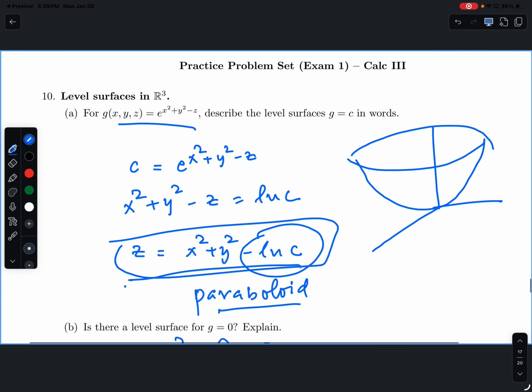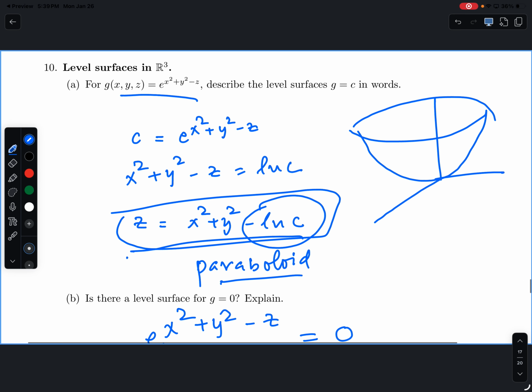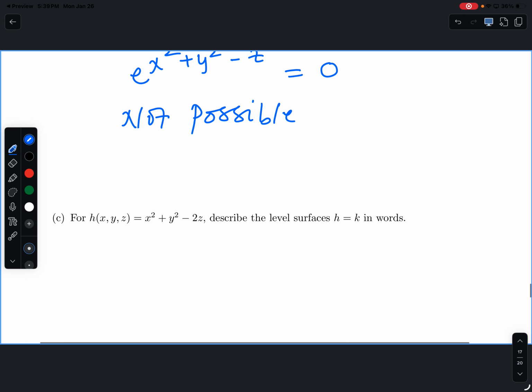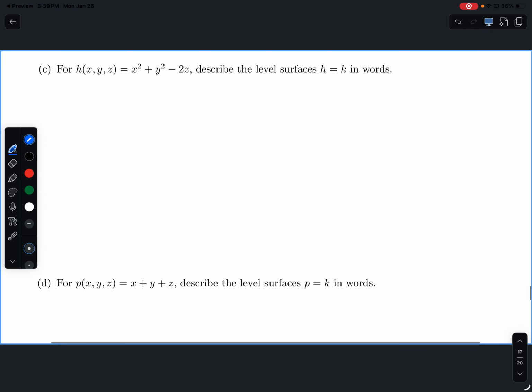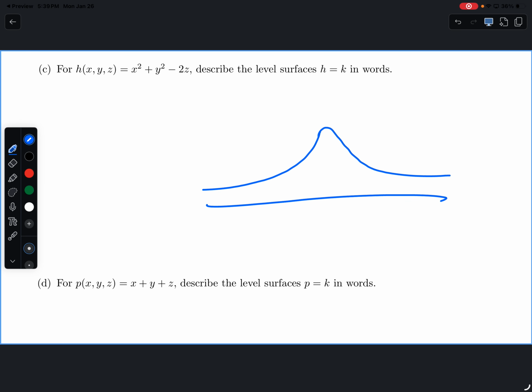I cannot explicitly show you geometrically why this is not possible, but one reason is if you draw a surface in 3-space that looks like this, it's like a hill type surface. This is my z-axis, this is the x-axis, and this is the y-axis.